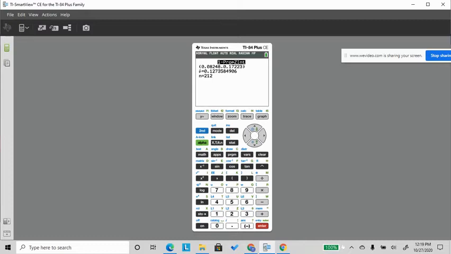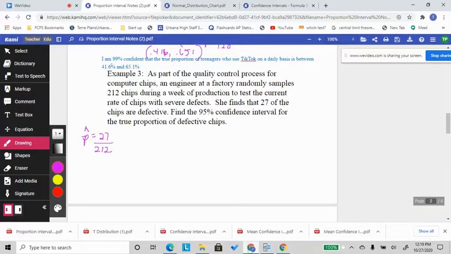So I have 0.127 as my p hat. And then my answer is 0.0825 and 0.1722. All right, I usually take everything to 4 decimal places.